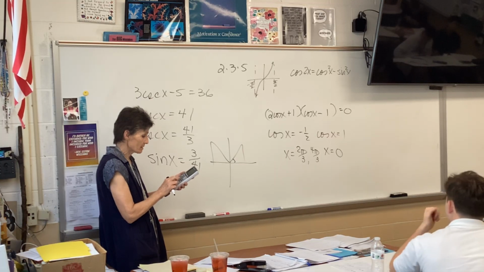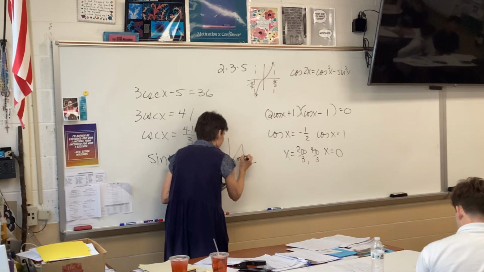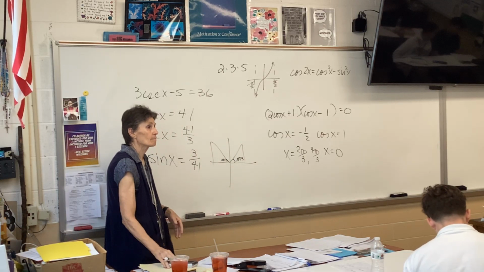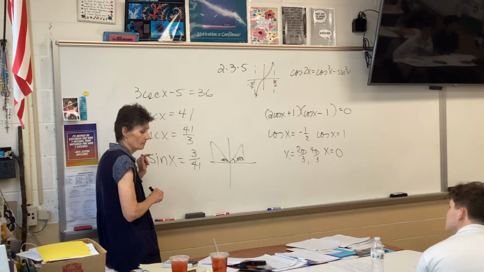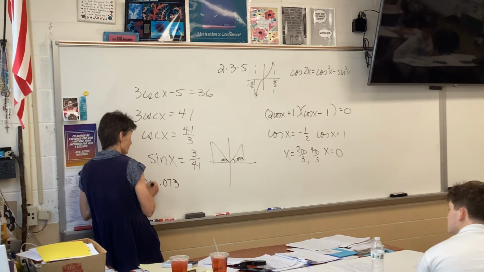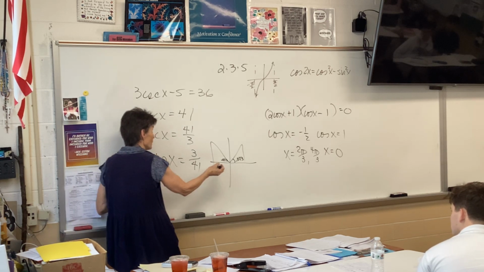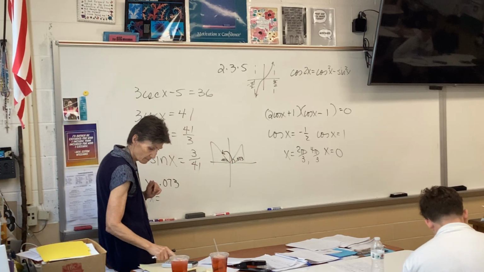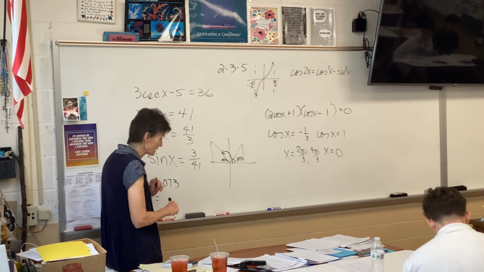So second sine, 3 divided by 41, 0.073. So then, what are the answers? Ooh. What are the answers? 0.073? Good. And then the other one will be this one, which is 3.068, is that right?